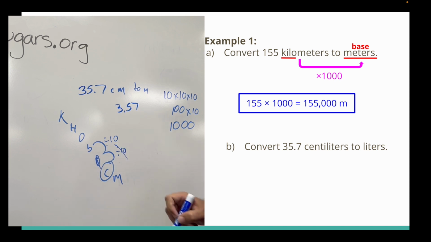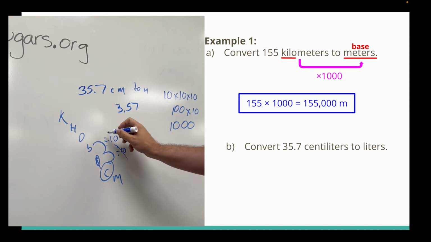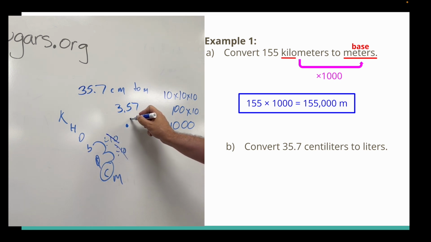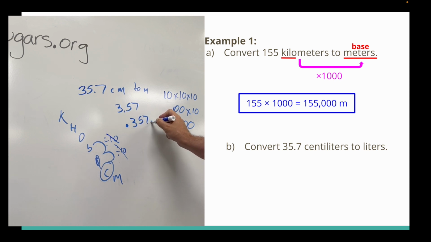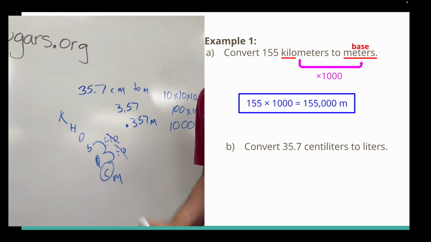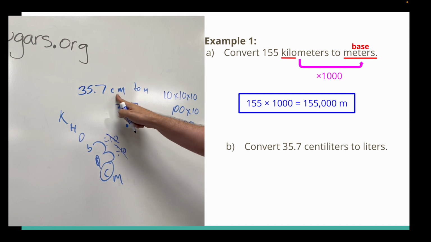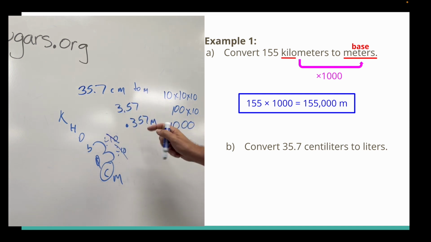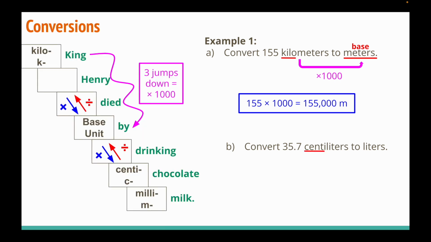So we did one of those. 3.57 divided by 10 is 0.357 meters. So 35.7 centimeters is equal to 0.357 meters. Okay?